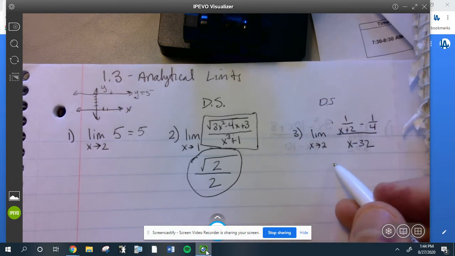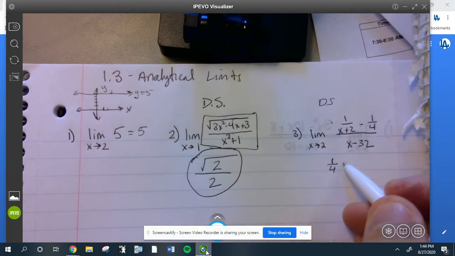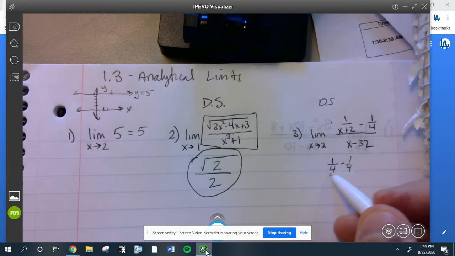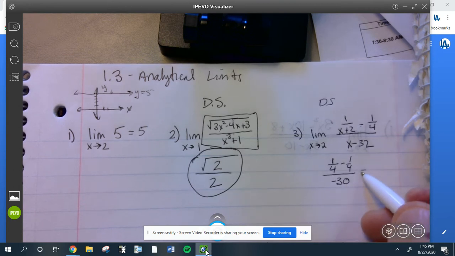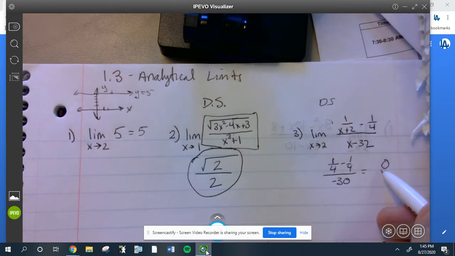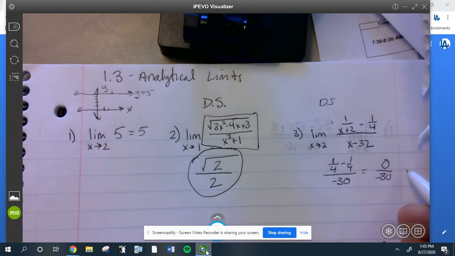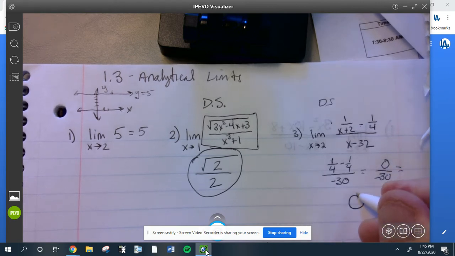When you plug in 2, you get 1/4 minus 1/4 over 2 minus 32, which is 0 over negative 30. Don't be afraid to get 0 in a numerator. 0 divided by any number is just 0. So this limit is 0.